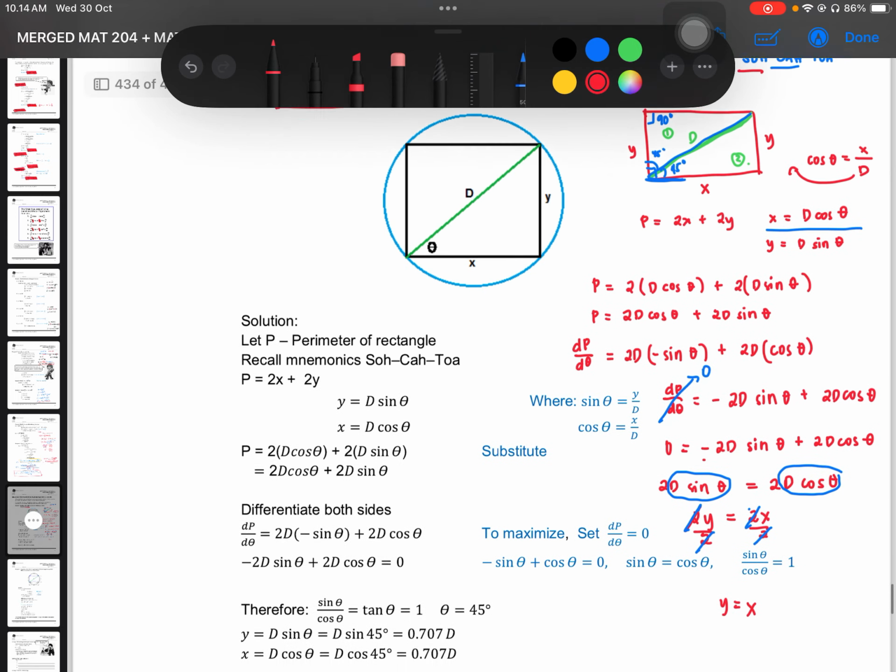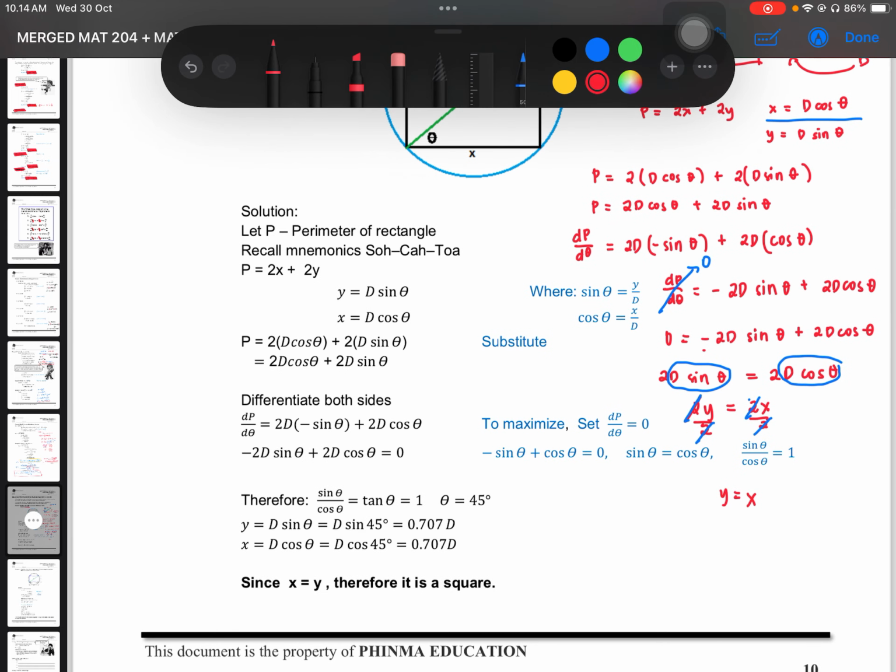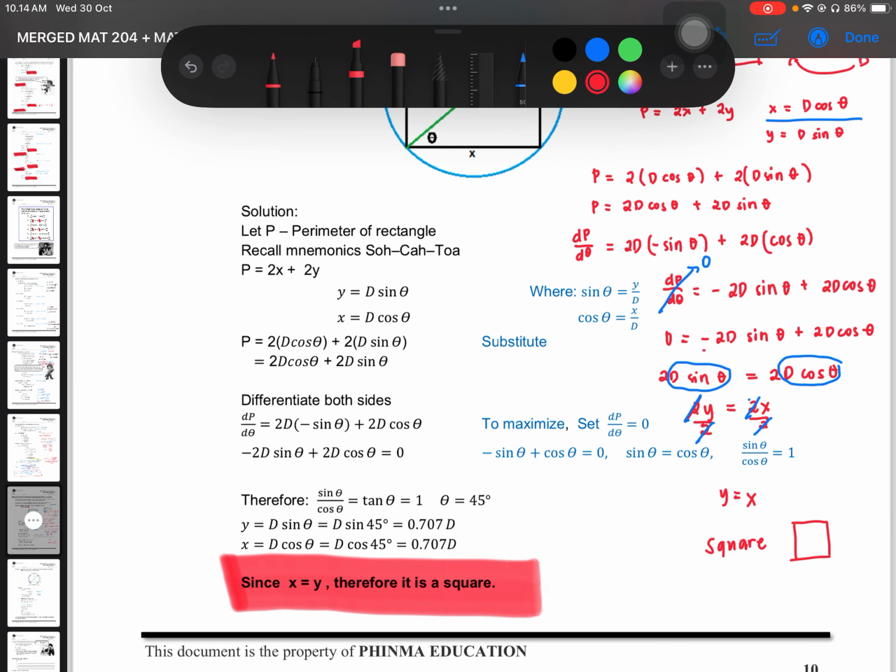This means the sides y and x are the same. What does that mean? It is a square. When the sides are equal, the shape we make is a square. So, the final answer is that since x is equal to y, it is a square.